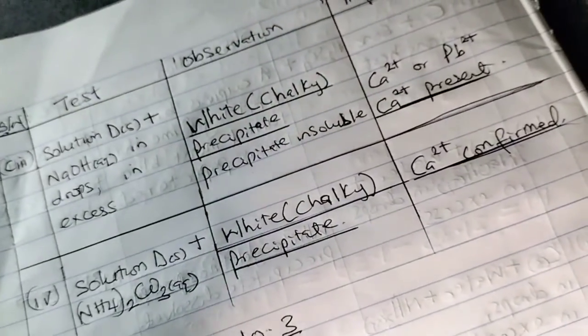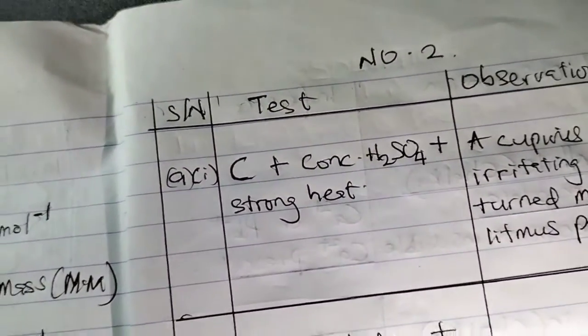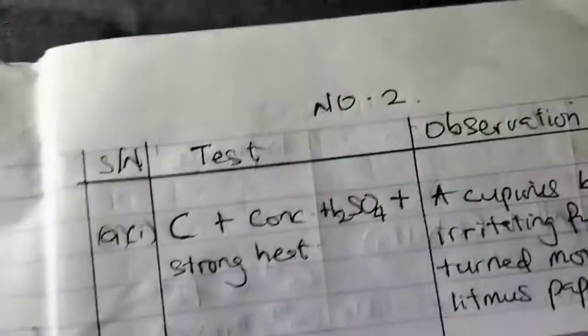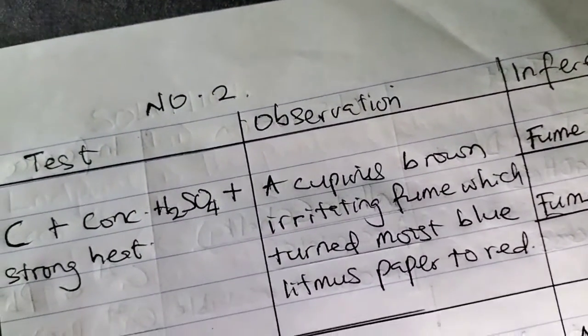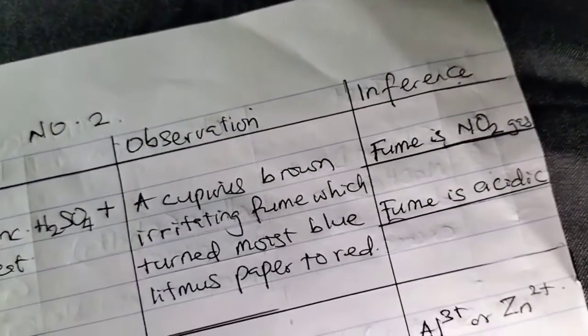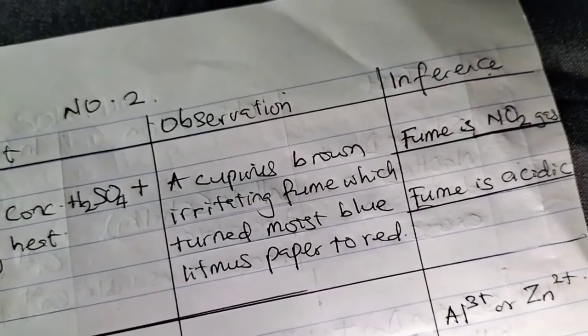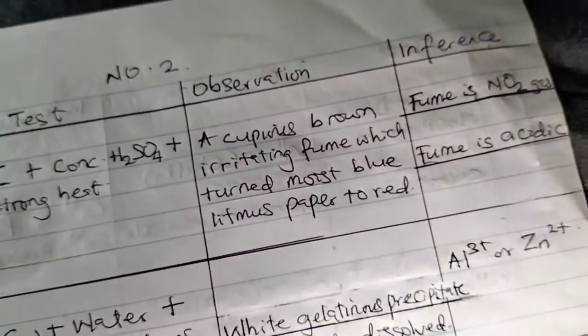So let me quickly run through this number 2 once more and highlight where the answers are again. For AI, C plus concentrated H2SO4 plus strong heat, the observation they gave is a cuprous brown irritating fume which turned moist blue litmus paper red. Then the inference, which you have to fill, is that the fume is NO2 gas, and the fume is acidic.